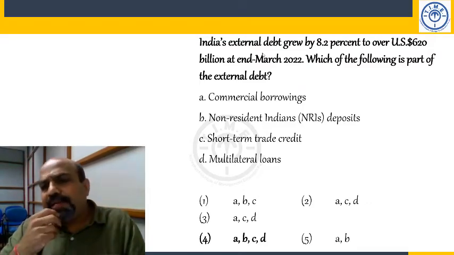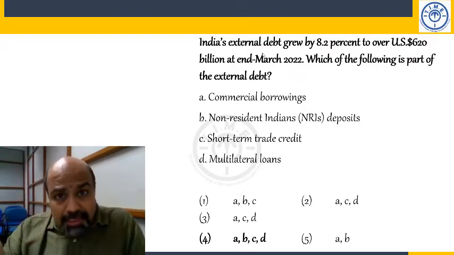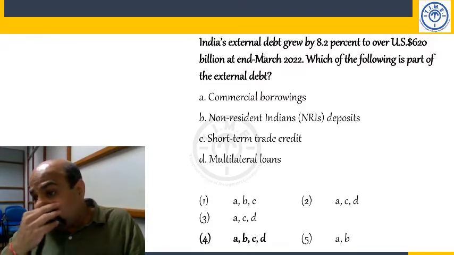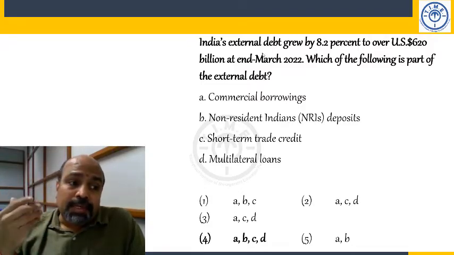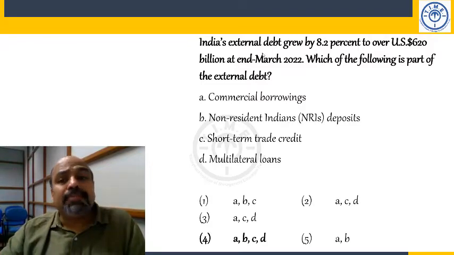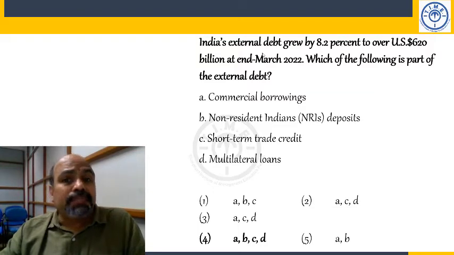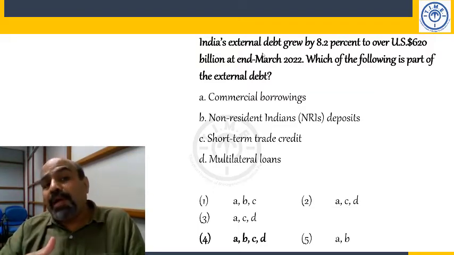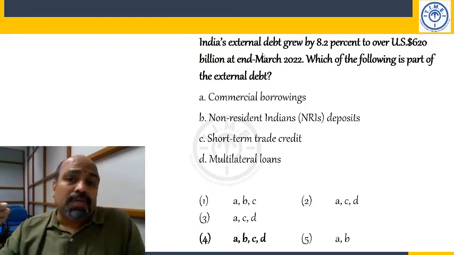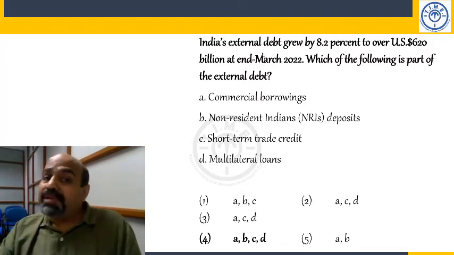Now, one more thing. You need to appreciate the fact that there are some countries, like Greece. It's a tiny country, but its total debt is about $480 billion against a GDP of $190 billion. So it's considerably high, 170, 180% of the GDP. If you look at America, its total debt is about $27 trillion. Their GDP is $25 trillion.